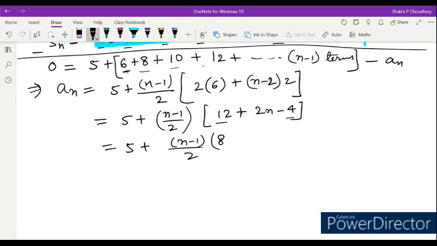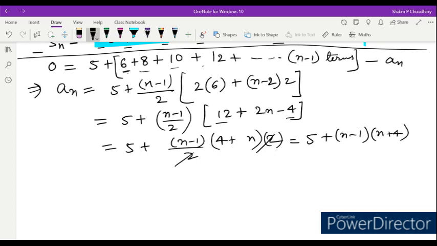Or directly we can take 2 common, so this will be 4 and this will be n, and since we have taken 2 common, we can cancel this 2. So what value are we getting? 5 plus n minus 1 into n plus 4.